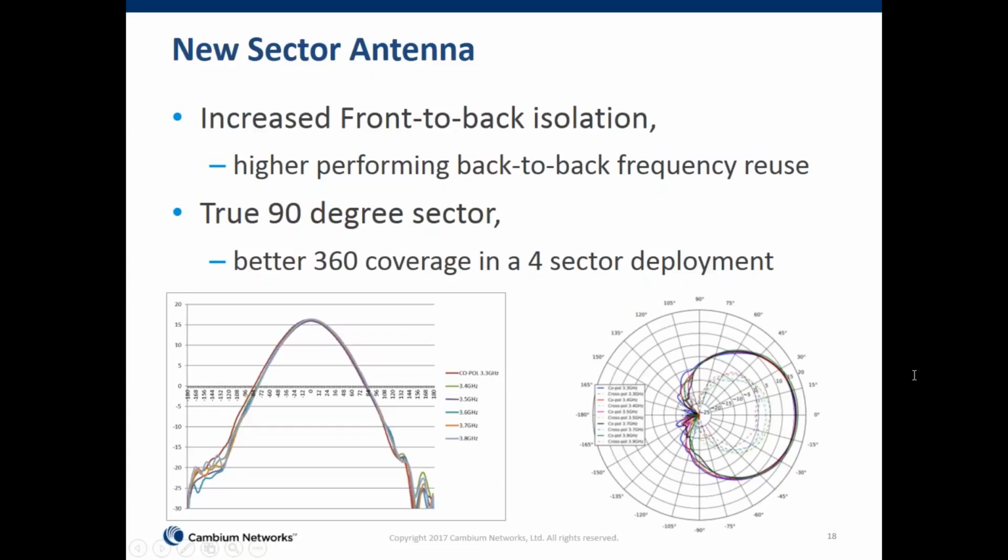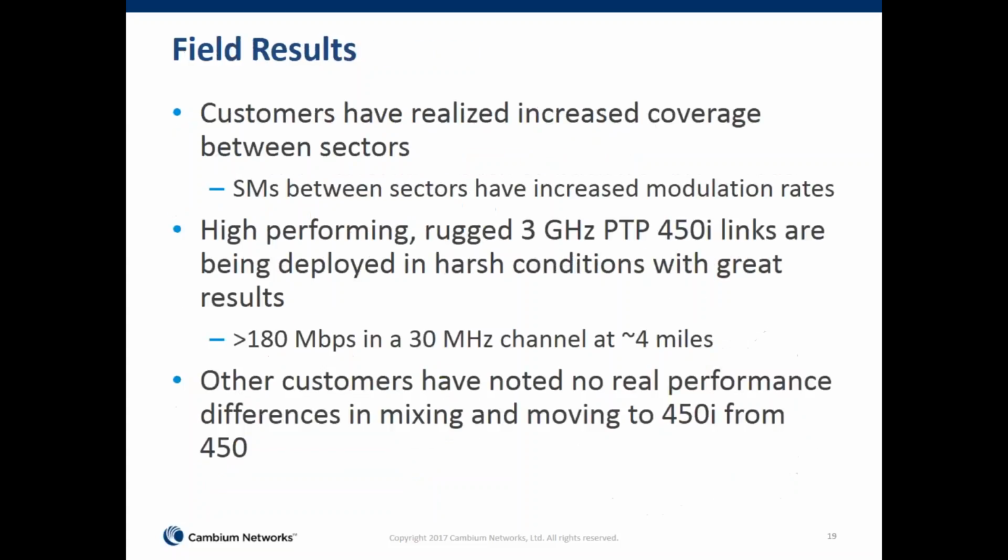The patterns aren't real easy to discern the differences because one's in polar plot and one's in linear, but aside from that, they are a little bit different. You'll be able to tell the difference in the wideness of the pattern. So the real meat of things, how's it going in the field?